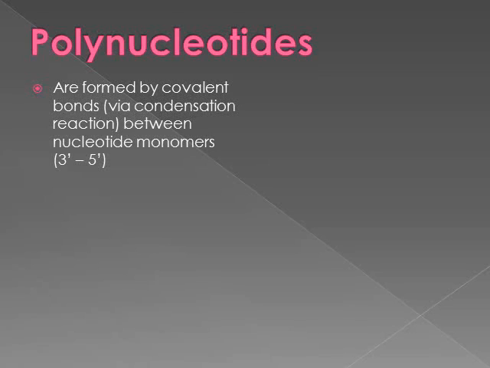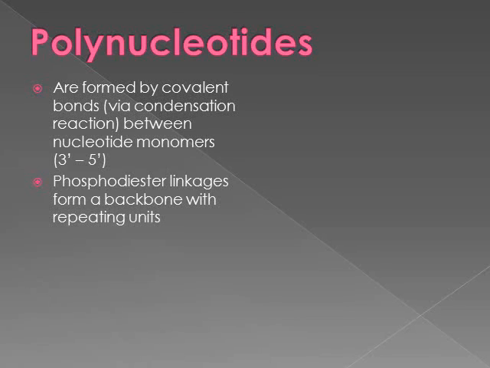And that reaction is a condensation reaction similar to what we've seen when we're forming other polymer units. So the kind of linkage that forms in the backbone of a DNA or an RNA is called a phosphodiester linkage. And when we get a good graphic up here, I'll point out why that is called a phosphodiester linkage.